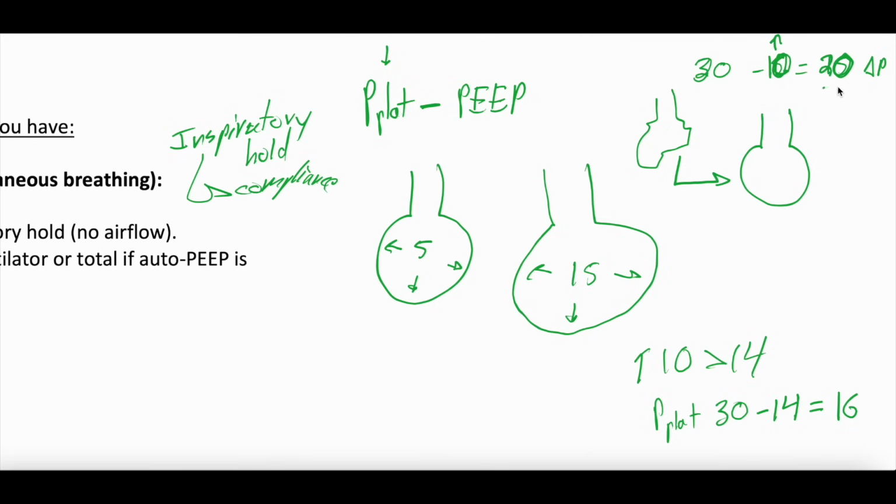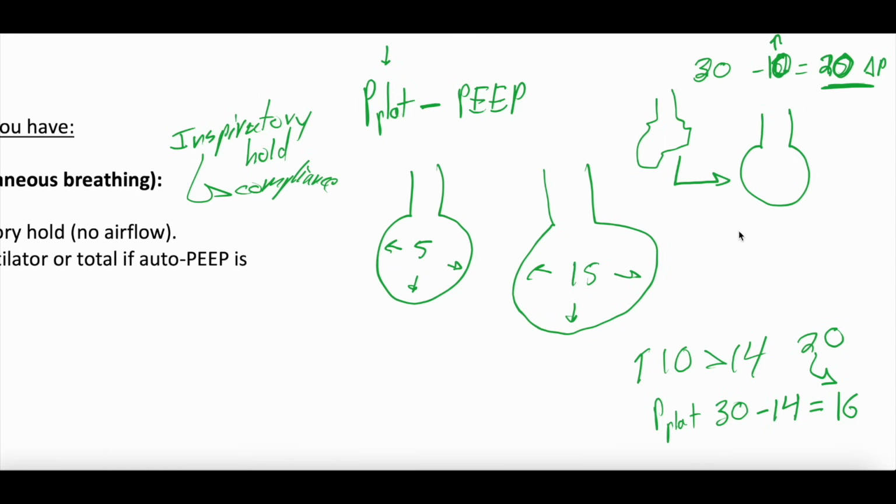Whereas at a PEEP of 10, that driving pressure was 20. So I went from a driving pressure of 20 down to 16, which tells me that that PEEP change was good. Changing that PEEP from 10 to 14 just helped recruit more alveoli that before were under-distended, because the plateau pressure didn't really go up much, even with an increase in PEEP, which made that driving pressure go down.